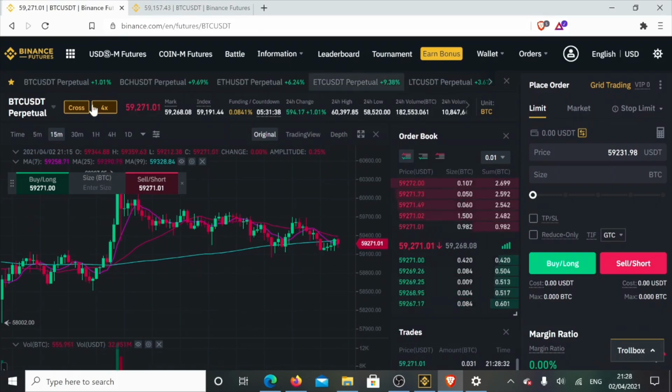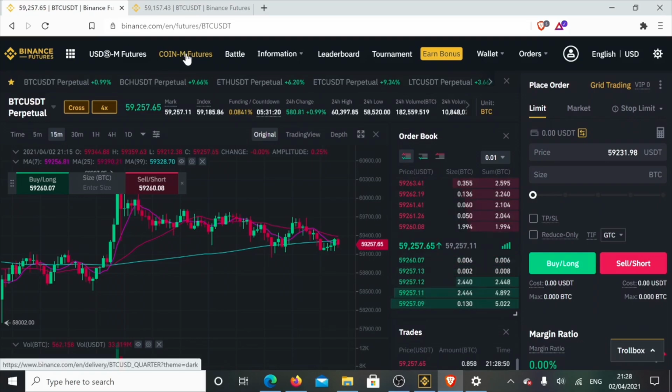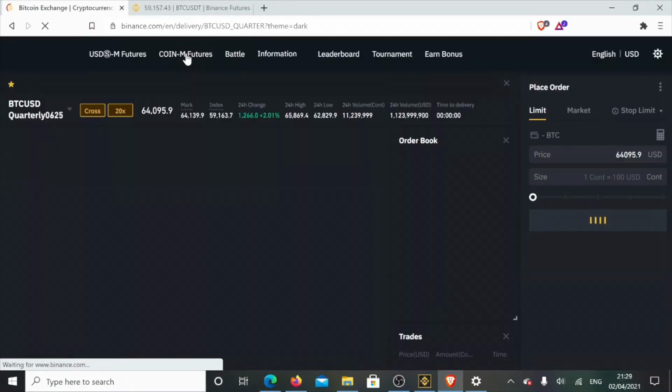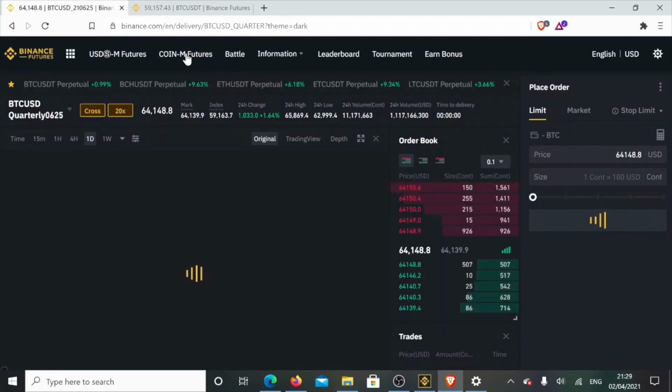So first of all, here you have the USDⓈ-M Futures, which we are on right now. This means whenever you're trading on this account, you're using your USDT, which means you're using a base currency, which is the US dollar, okay? And if you're using the coin futures, that means you are using the coin as your base currency. So if you want to trade, you need to transfer Bitcoin or Ethereum or BNB or any asset you want to trade.